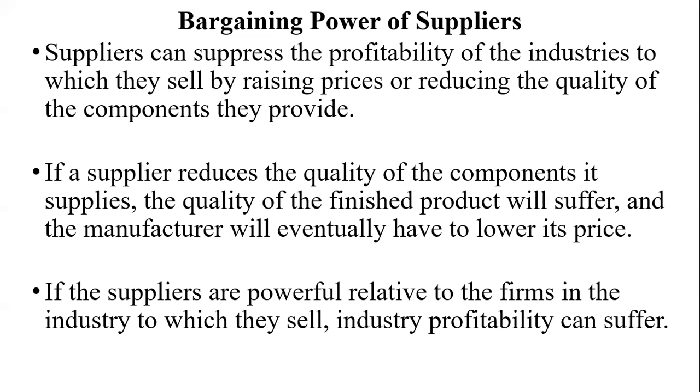So we are basically trying to say here that if you are dealing with suppliers that have a lot of power in terms of fluctuating the prices of the products they are selling to you, or modifying the quality of the products that they are bringing to you, then it has the potential to also affect you by suppressing your profitability.